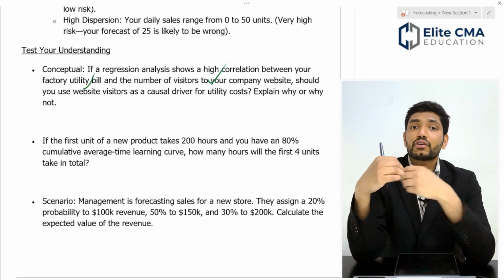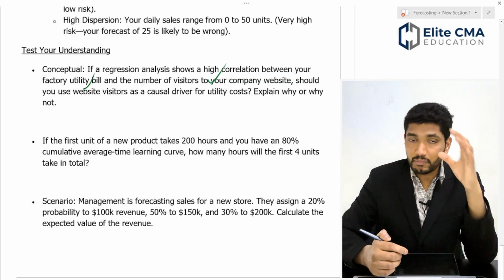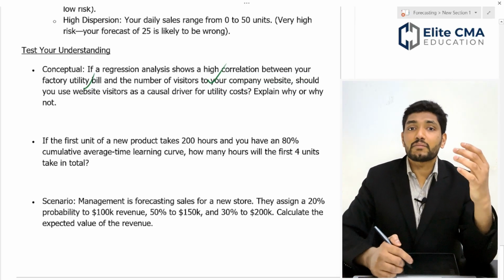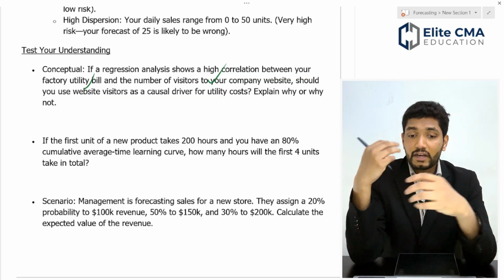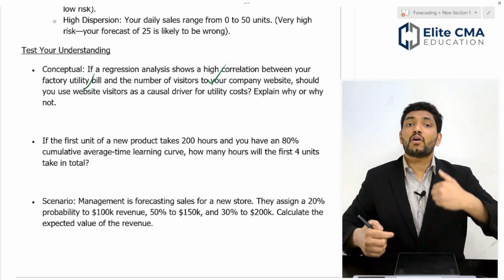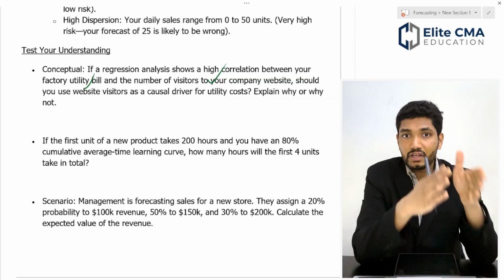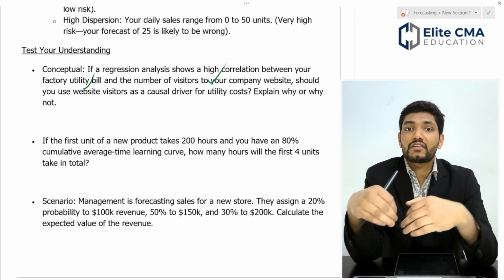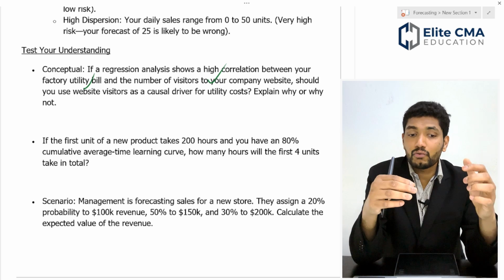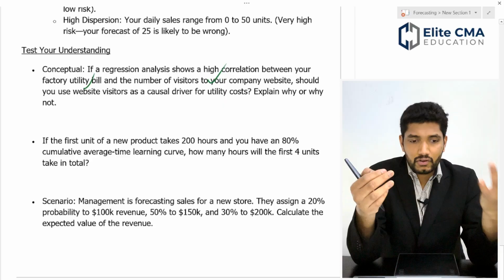No, you cannot use the number of visitors to your website as a driver of your utility bill. Even though there is a correlation, there is no relationship between these two factors. So the simple answer is no.